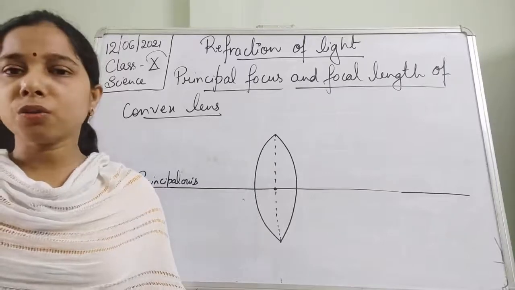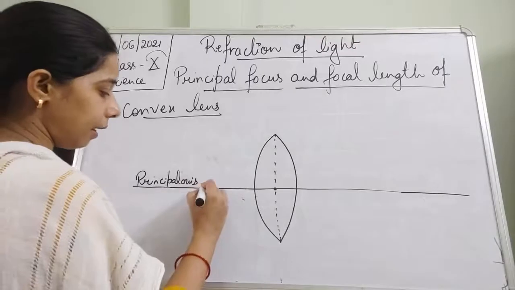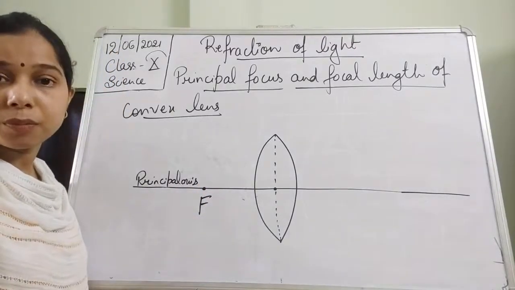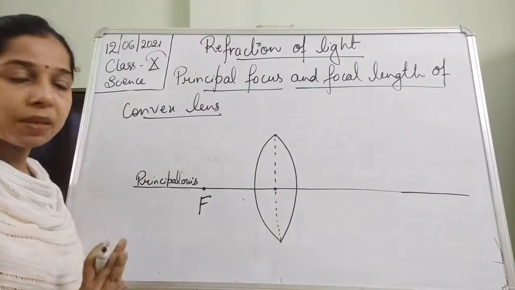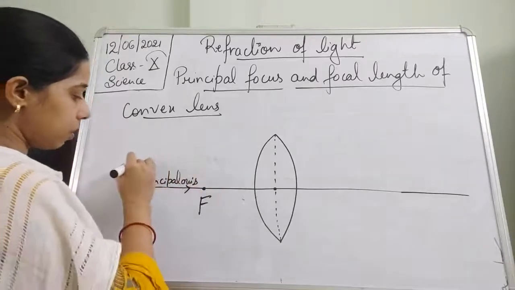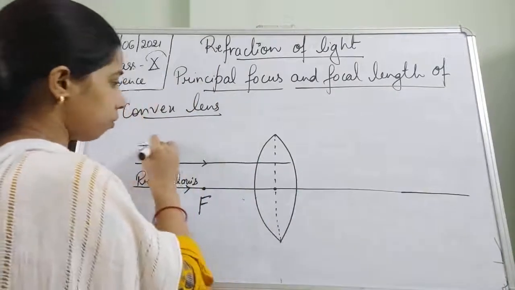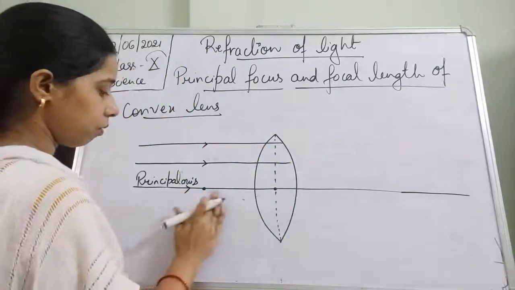But here, there is not just one focus. One focus is already there on the left side of the lens. Now here, when a parallel beam of light, so suppose this is a ray of light, this is also a ray of light, here also.